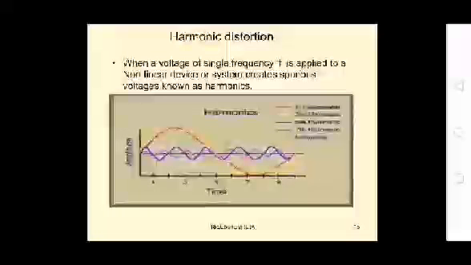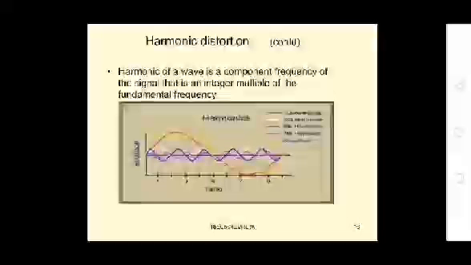A harmonic of a wave is a component frequency of the signal that is an integer multiple of the fundamental frequency. So you will have the second harmonic, third harmonic, fifth harmonic, like that, up to the nth harmonic.